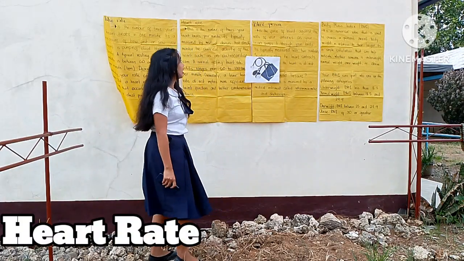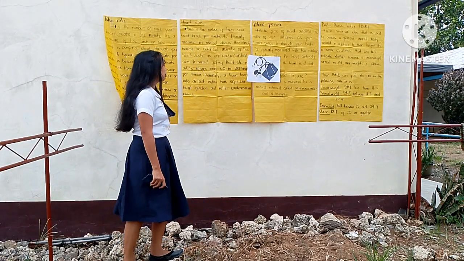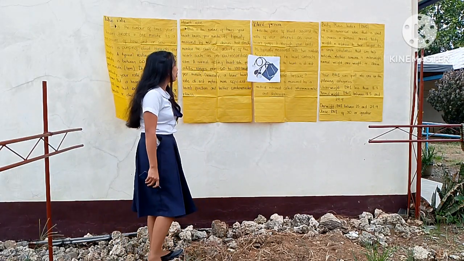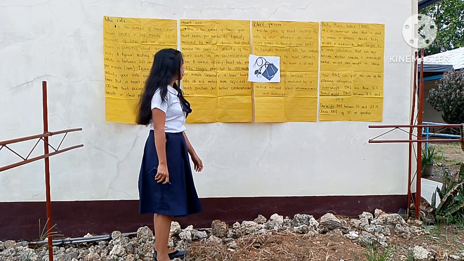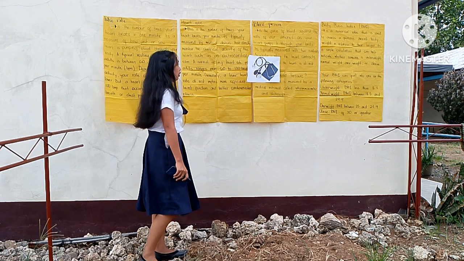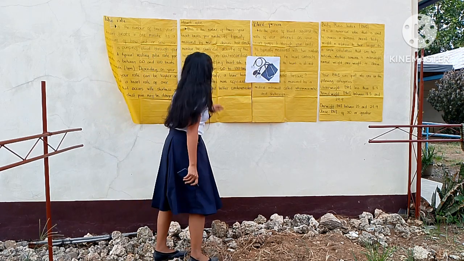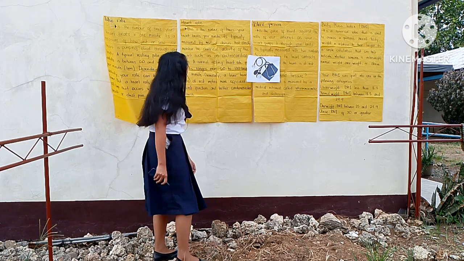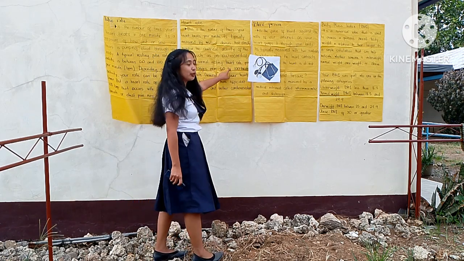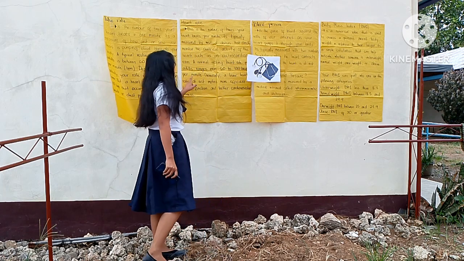Heart rate is the number of times your heart beats per minute. It is typically measured by medical devices that directly monitor the electrical activity of the heart, such as an electrocardiogram. A normal resting heart rate for adults ranges from 60 to 100 beats per minute.